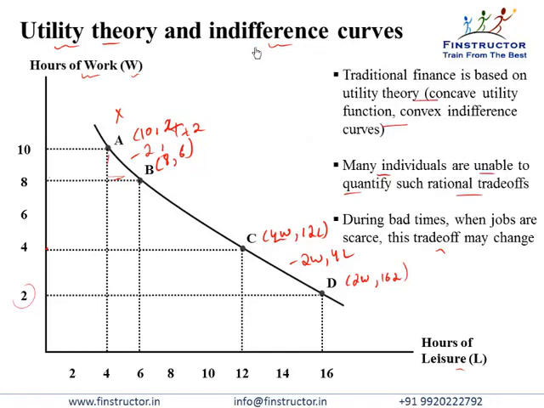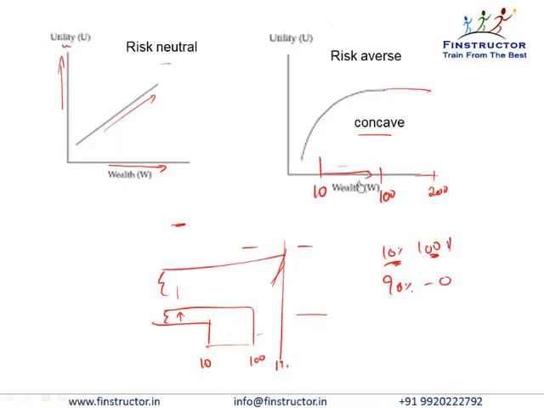So let's understand how the indifference curve is linked to the utility function that we studied earlier. This indifference curve, just like the utility function earlier, depicts diminishing marginal utility of wealth. In the utility function, we depicted that more wealth doesn't give as much additional satisfaction to a risk-averse investor.